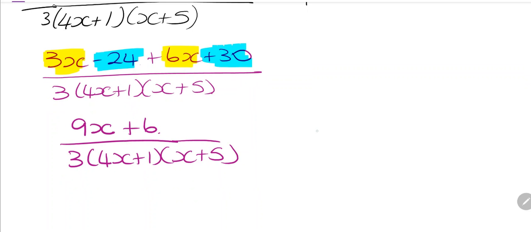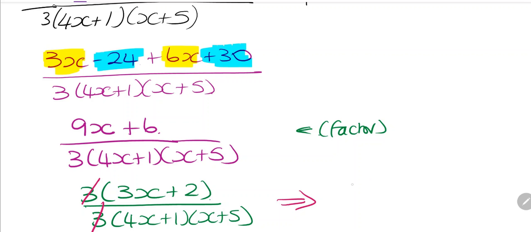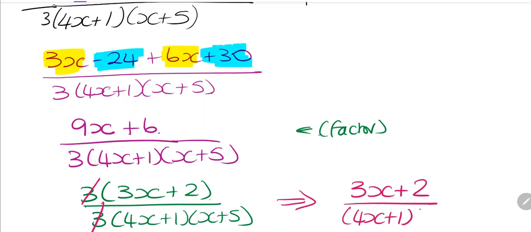We can factor this line here: factor by 3, so we'll have 3 times 3x plus 2 over 3, 4x plus 1, x plus 5, and then our 3s will cancel. So our final answer is 3x plus 2 over 4x plus 1, x plus 5.